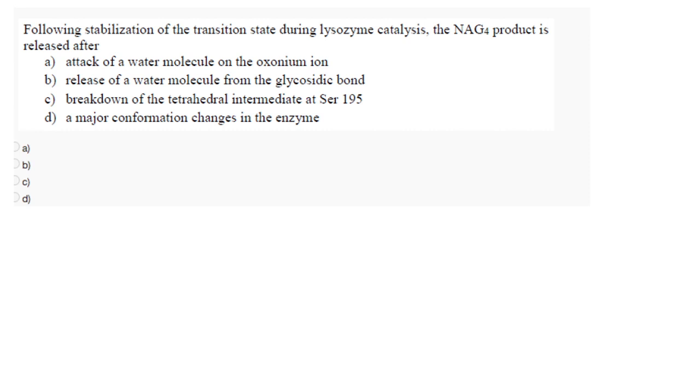Following stabilization of this transition state during lysozyme catalysis, the NAG4 product is released after attack of water molecule on oxonium ion, release of water molecule from the glycosidic bond, breakdown of a tetrahedral intermediate, serine 195, or a major conformation change in the enzyme.